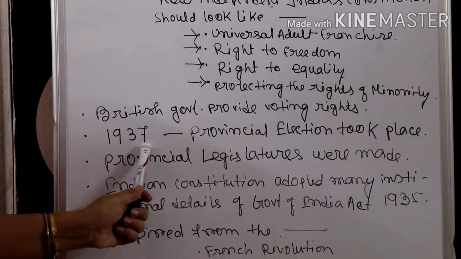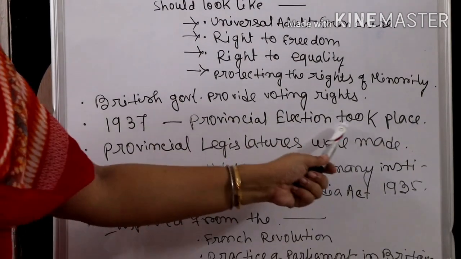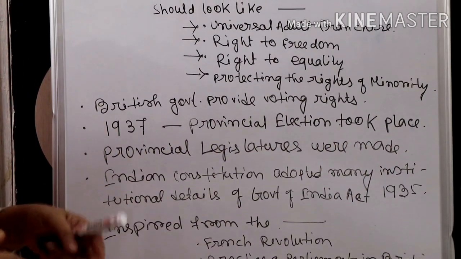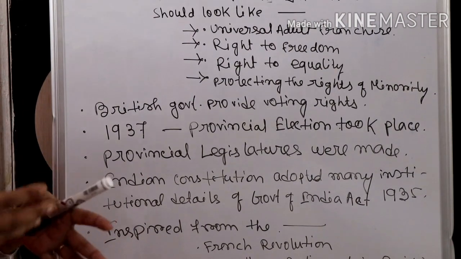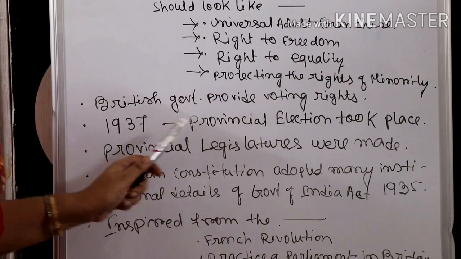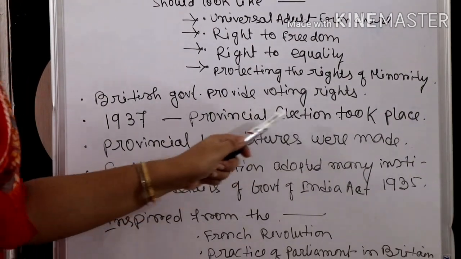Next, in 1937, the provincial election took place. The first election in non-independent India. The provincial legislature was created because of the provincial election.